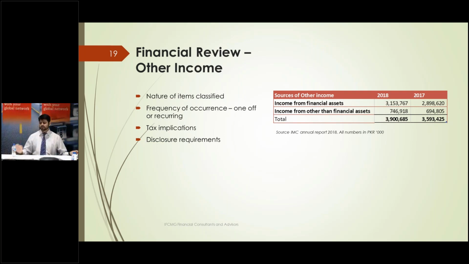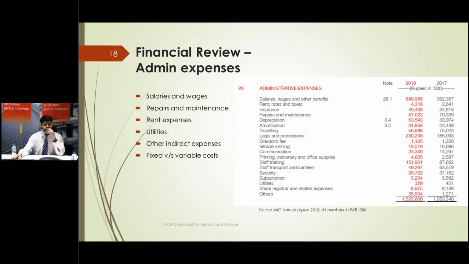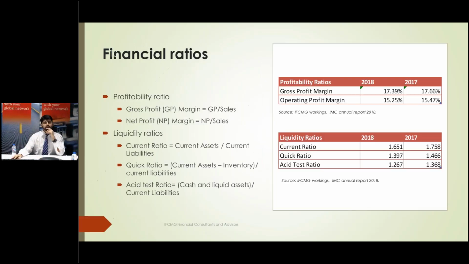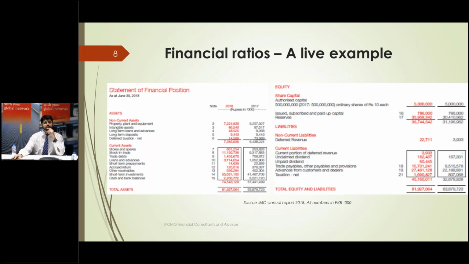Again, I'm going to circle back to the balance sheet just to recap things. We have short-term investments worth 55 billion rupees in 2018 and 41.5 billion in 2017.